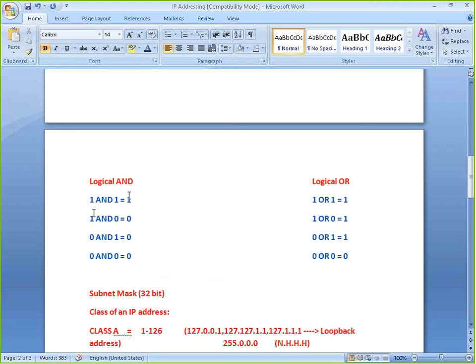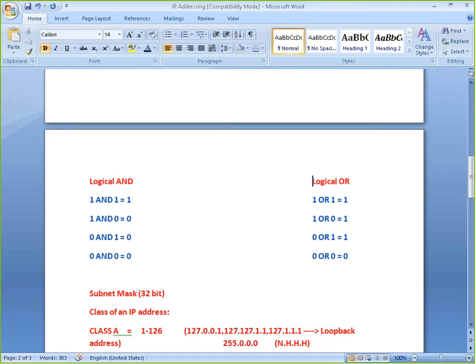If both the values are 1, the resultant value is also 1. If both the values are 0, the resultant value is also 0. But if one is 1 and the other is 0, the resultant value is always 0. That's the logic you need to keep in mind. So bottom line is, anything you AND with 0, the resultant value is going to be 0. Anything you AND with 1, the resultant value is going to be the same.